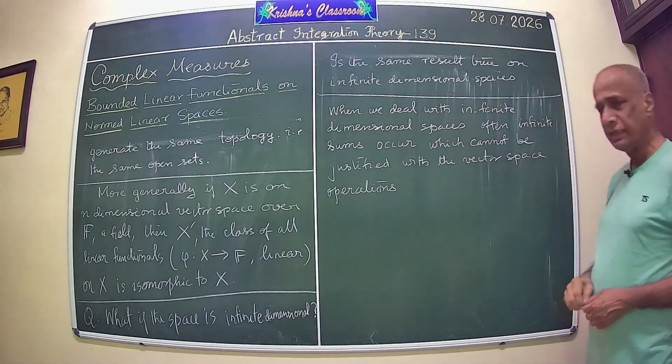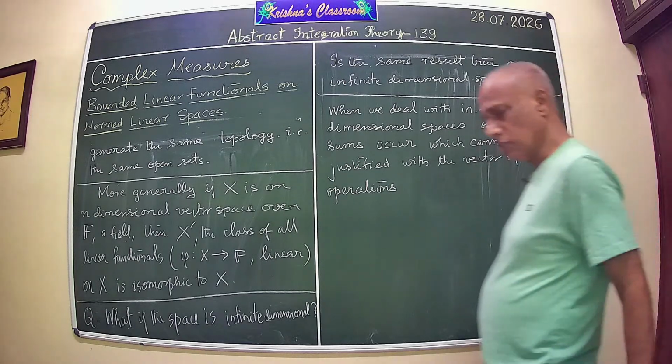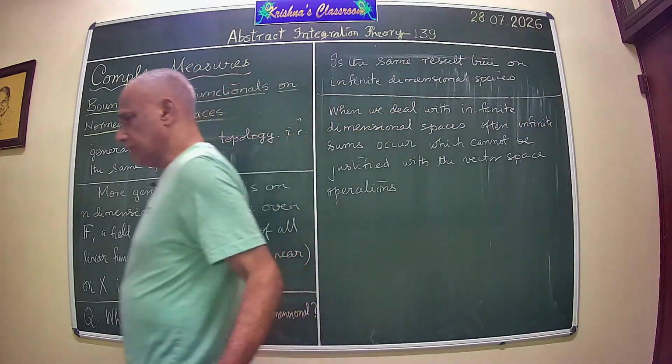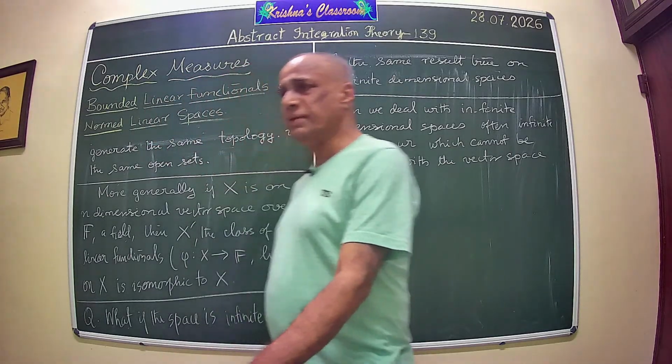Because in a vector space, you can talk about finite sums. Okay, there is no problem. But the moment you write an infinite sum, you have to give a meaning to it.